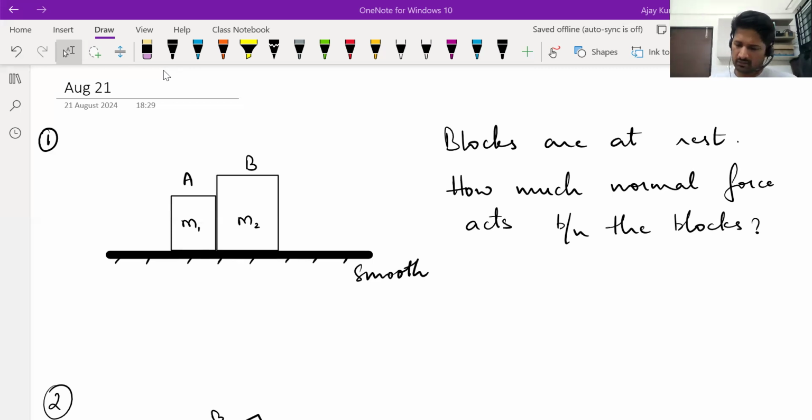Okay. Do any of you have an answer? Normal force between the blocks. Fine. Aishwarya, can you tell the forces acting on the block A? So gravity and normal force. Gravity will act this way, m1g. Okay. And normal force, who will exert normal force on A?